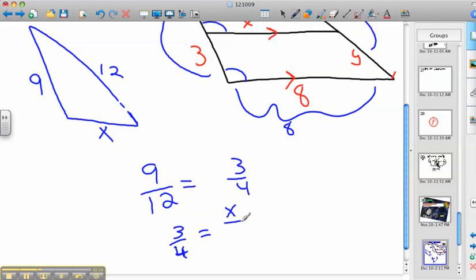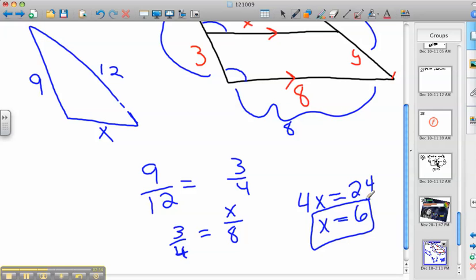So x goes on top and 8 on the bottom. And then cross multiply. So 4x equals 24. And so x has to be 6. And so there's your value of x.